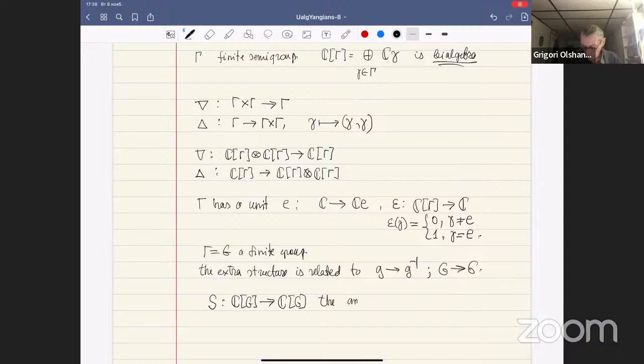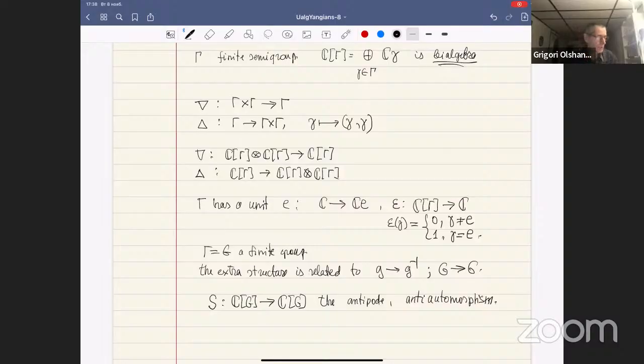The antipode, which is an anti-automorphism. Again, there are some natural axioms which relate the antipode with the co-unit.